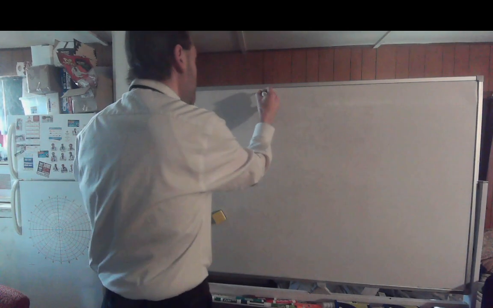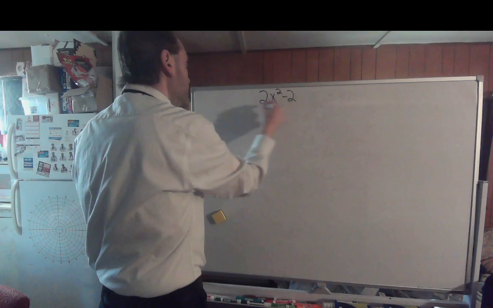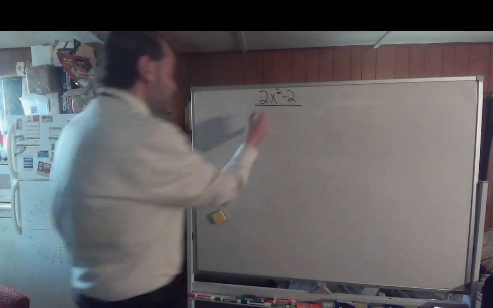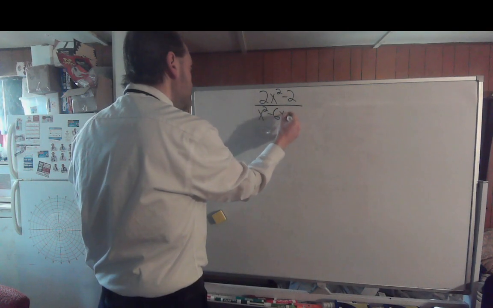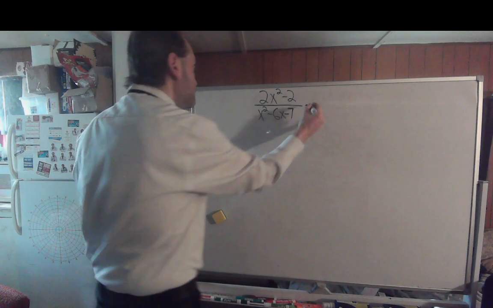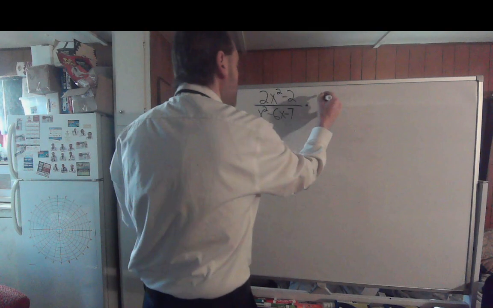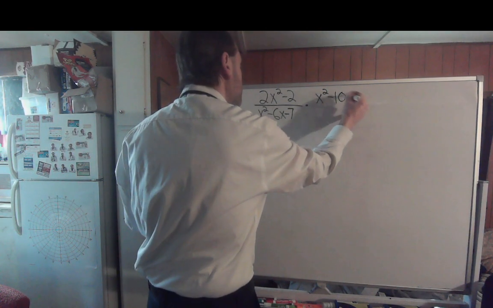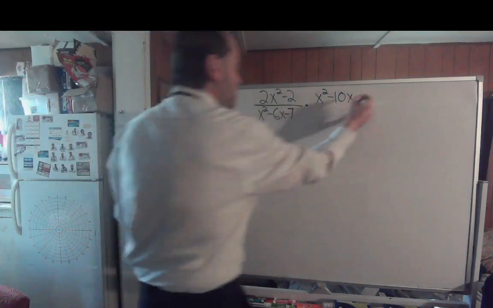Next one. We have 2x squared minus 2 divided by x squared minus 6x minus 7 times the quantity of x squared minus 10x plus 21.